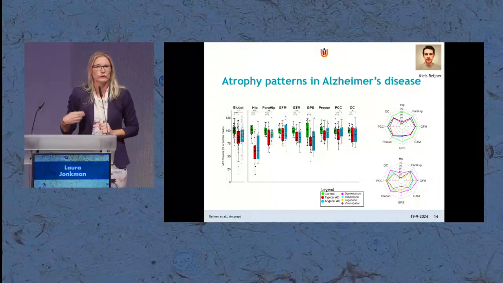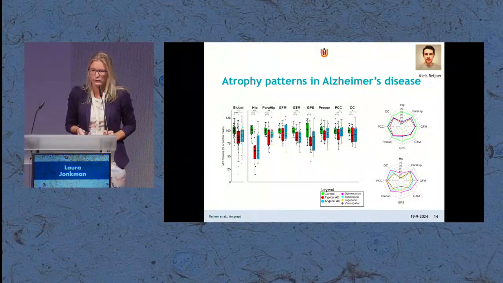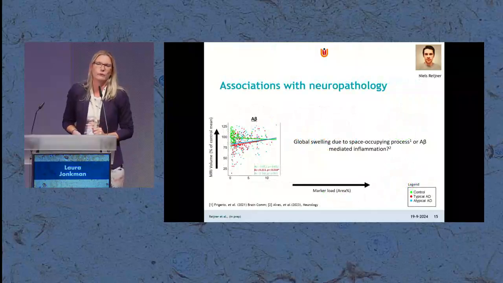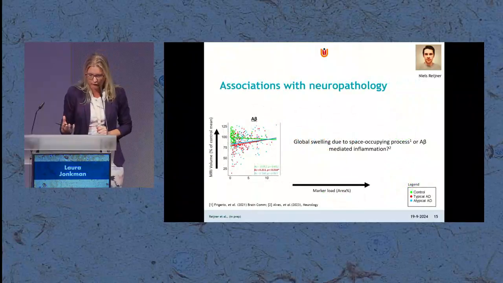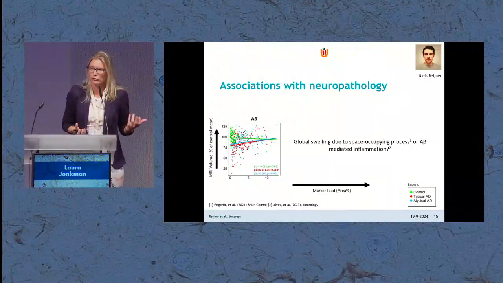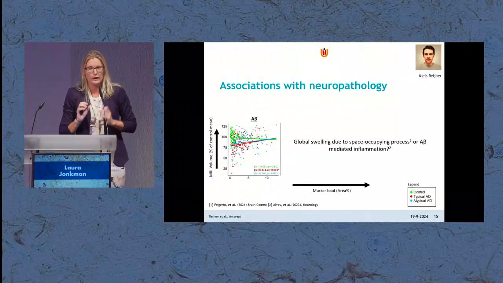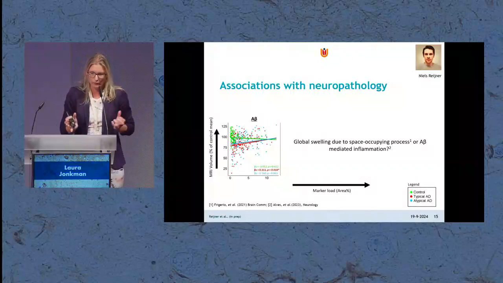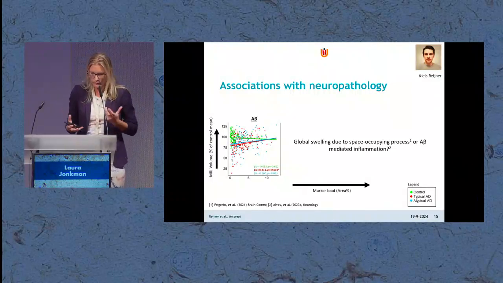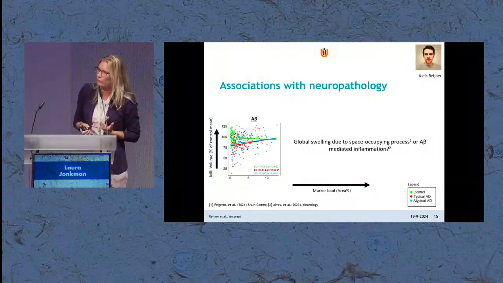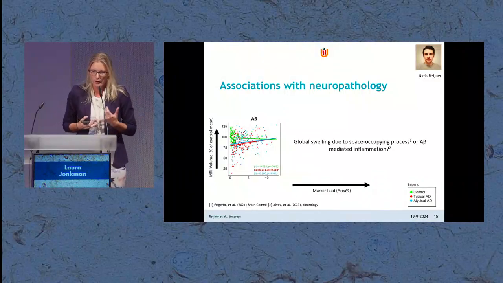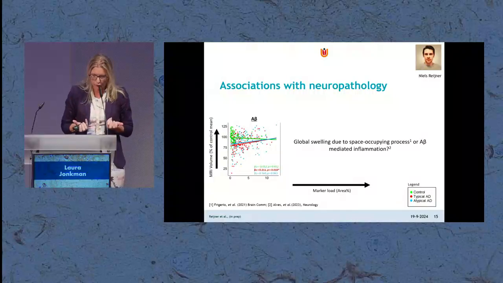However, more interesting, of course, is the association with pathology. So that's what we did. With amyloid beta there was a first interesting result, because we found that an increase of amyloid was associated with an increase in volume, so some kind of swelling. So what we see is some global swelling. A previous study suggested maybe due to the space-occupying process of amyloid beta.